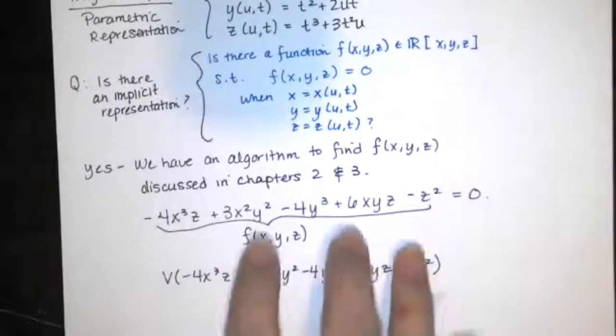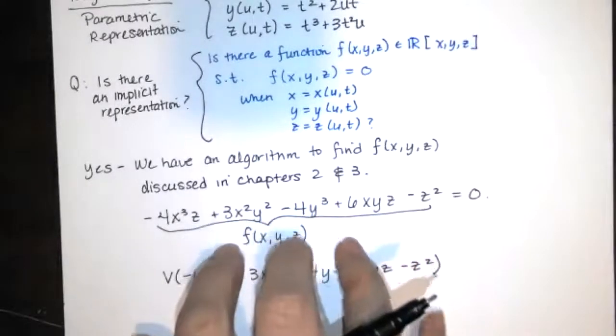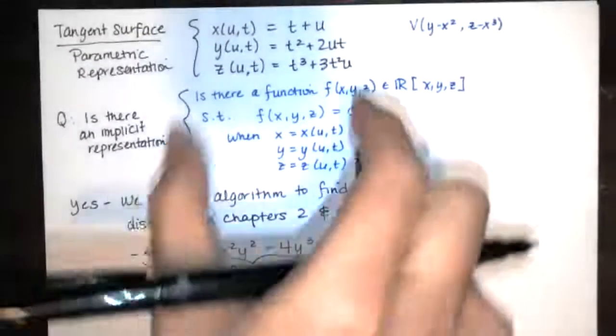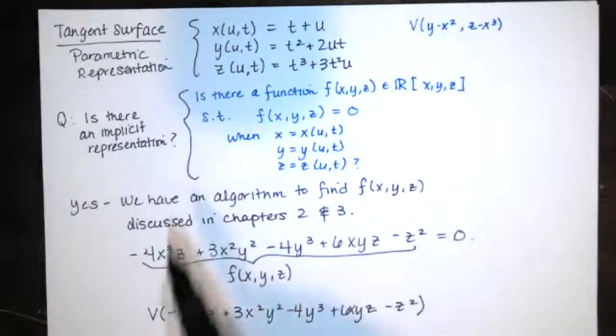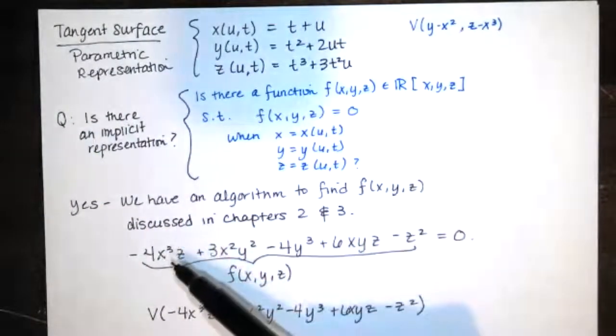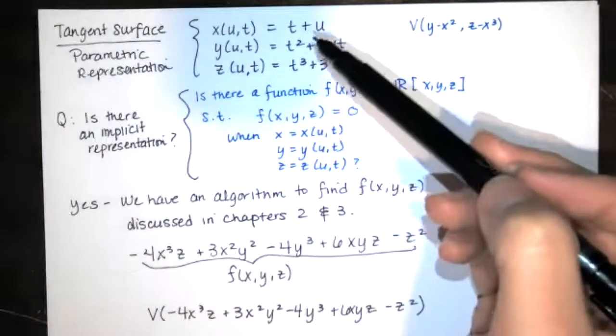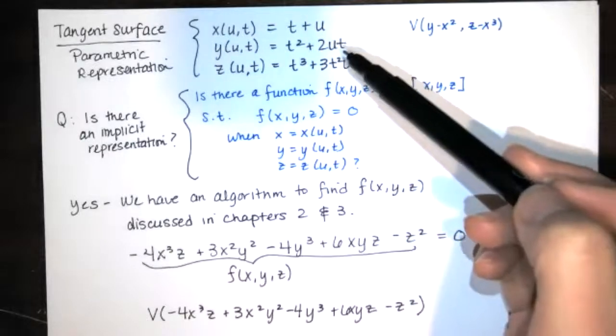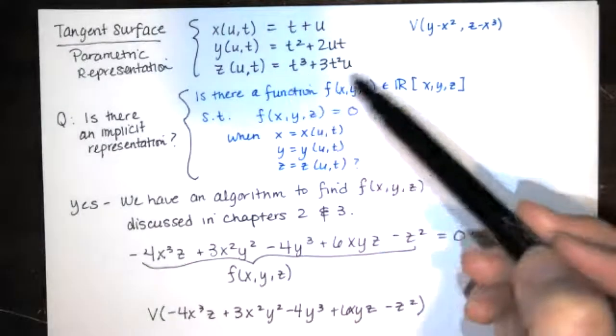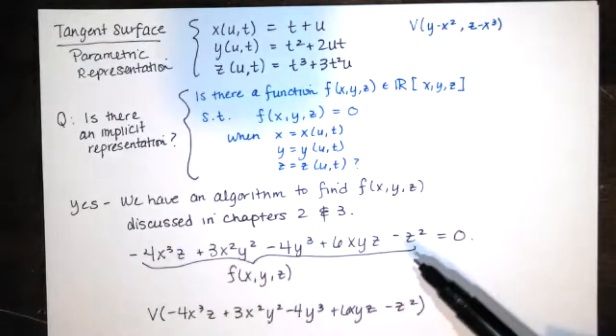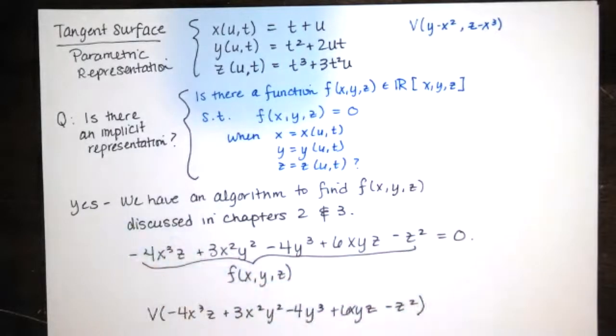And now if you're also, again, wondering, what does this mean that this and this give you the same surface? That just means if you replace x with t plus u, and you replace y with t squared plus 2ut, and you replace z with this function, and you substitute those into this equation, and you do all the algebra and you simplify, guess what? Everything's going to cancel out and you're going to get 0.